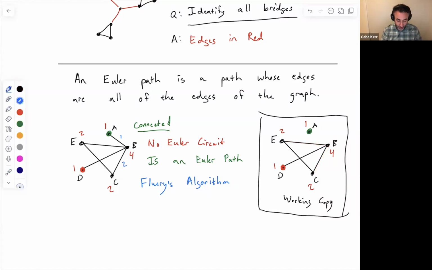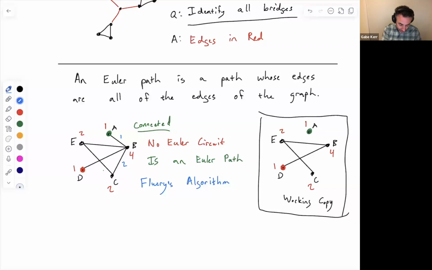I've chosen BC, I've numbered it on my left-hand side, and now I'm going to remove it from my right-hand side, from my working copy. And now at C, I'm going to look at all my options of the edges coming out of C. It turns out there's only one. It is actually a bridge of the remaining graph because it isolates C, but I have to choose it. It's the only thing I've got.